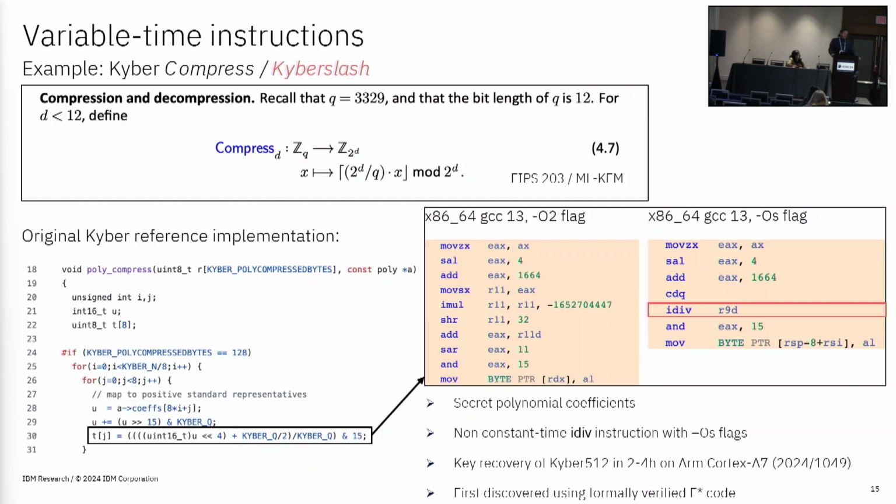And interestingly, this was first discovered using formal verification, where a team did an F* formally verified implementation of Kyber. And there they define as part of the types secret data and public data. And if there is secret data, you don't have things like divisions available.